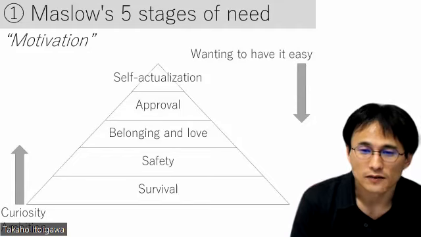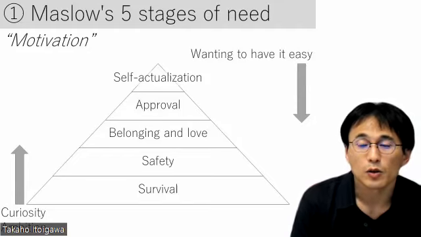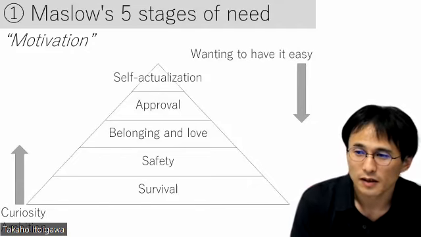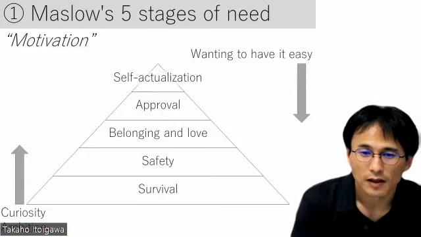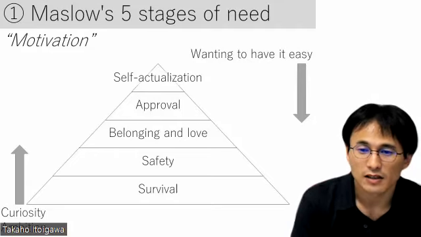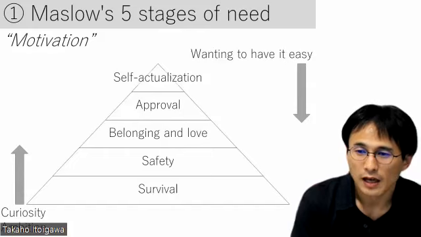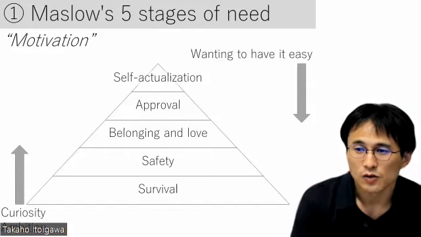Maslow's five levels of needs are, in ascending order from the lowest to the highest: the need for survival, the need for safety, the need for belongingness and love, the need for recognition, and the need for self-actualization.